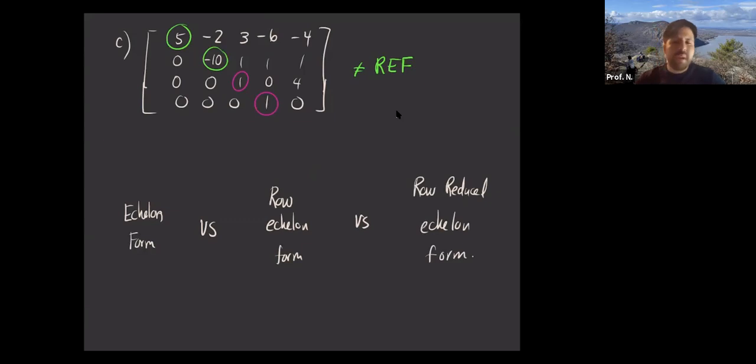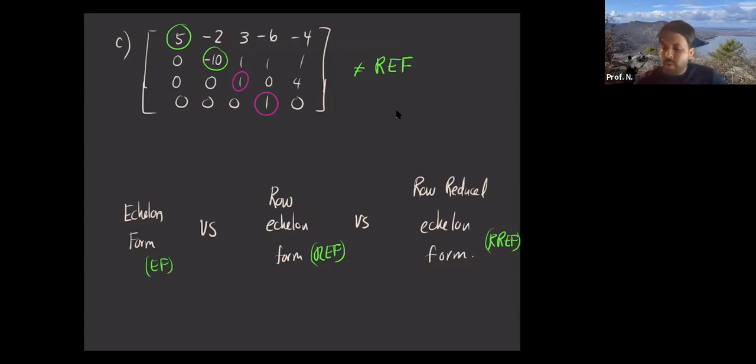For row reduced echelon form, this is just REF, right? This is REF, and this is EF. I don't know why this problem required it; usually we don't use echelon form, we usually only use these two. But row reduced echelon form, we get it, right? We have ones and we have zeros above the ones and below the ones. That's clear, correct?